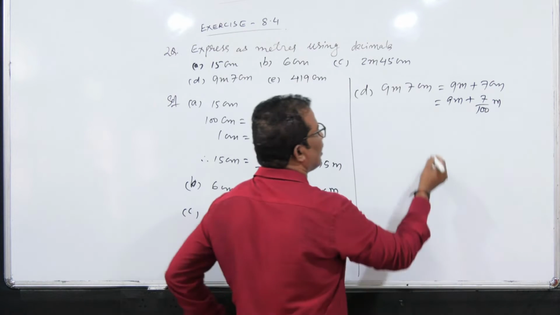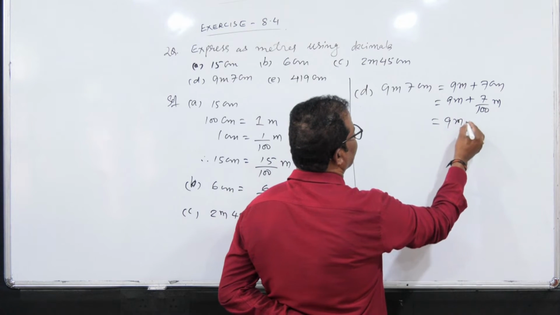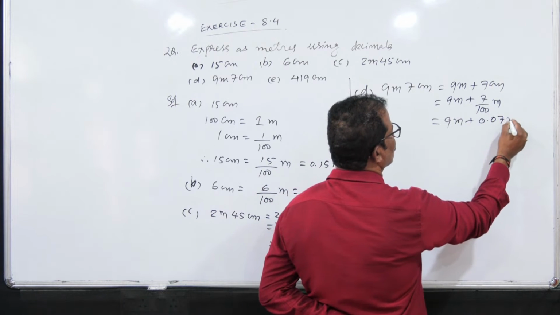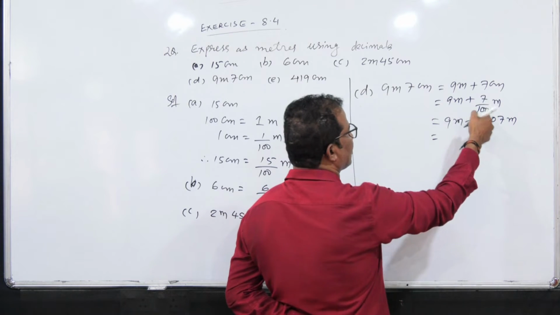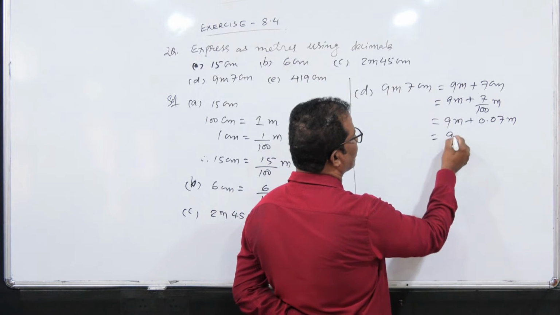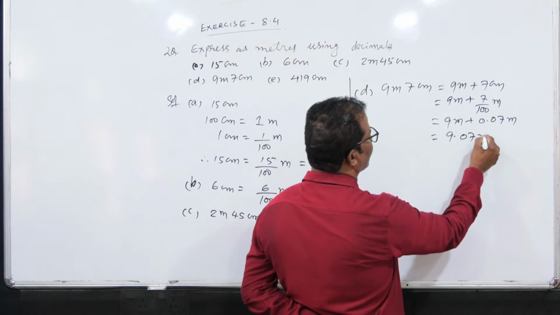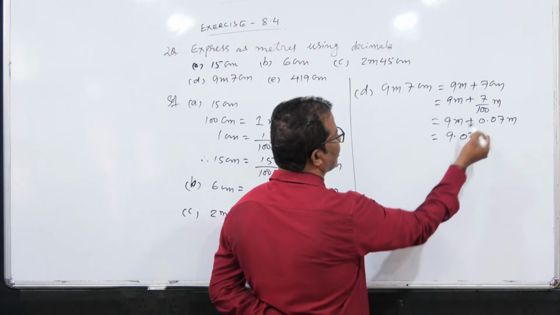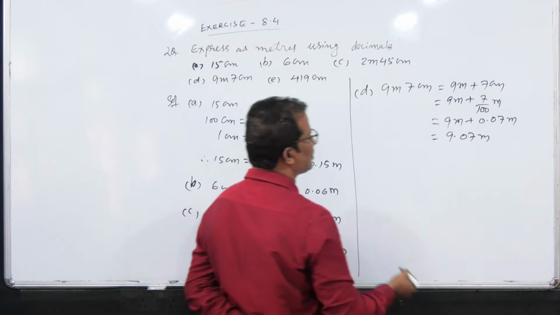That is 7 by 100 meter. That is 9 meter plus, how much? 0.07 meter. If we divide 7 by 100, we will get 0.07 meter. So add these two, we will get what? 9.07 meter. How is it? Whole number 9, whole number 0, 9 plus 0 is 9, then the decimal part is 0.07 meter.